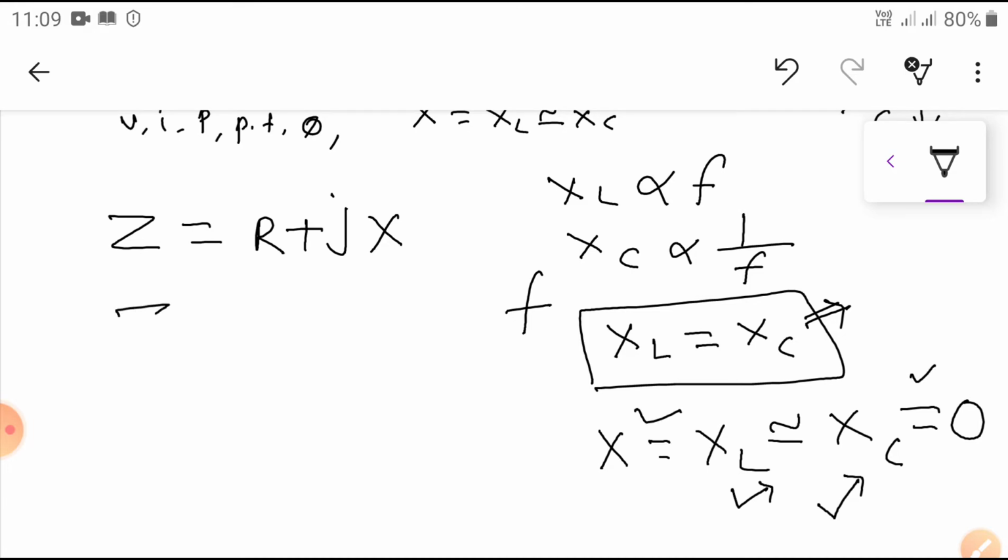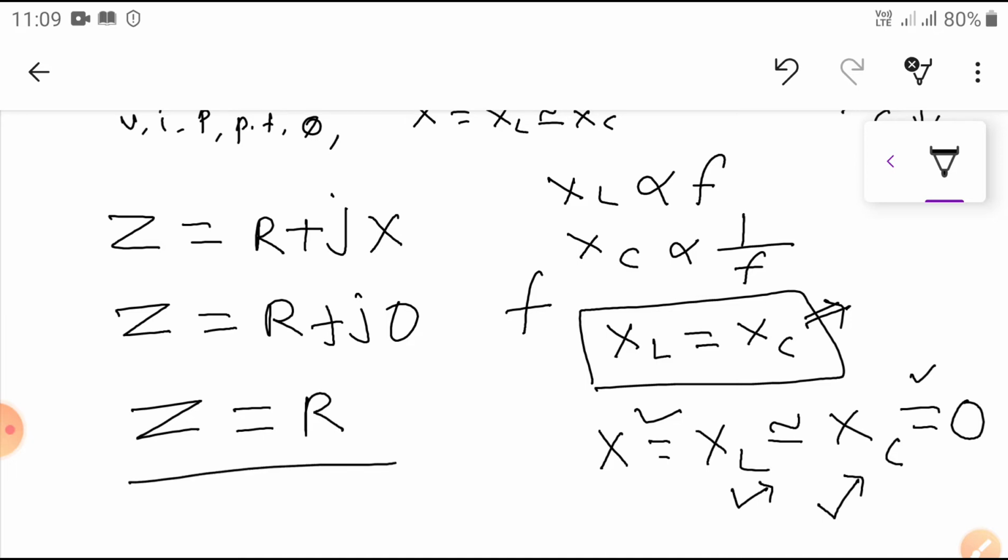Then Z becomes R plus j of 0, so whatever the impedance, it is equal to the resistance. This occurs when XL is equal to XC, so Z is equal to R, we can call it the resonance impedance.